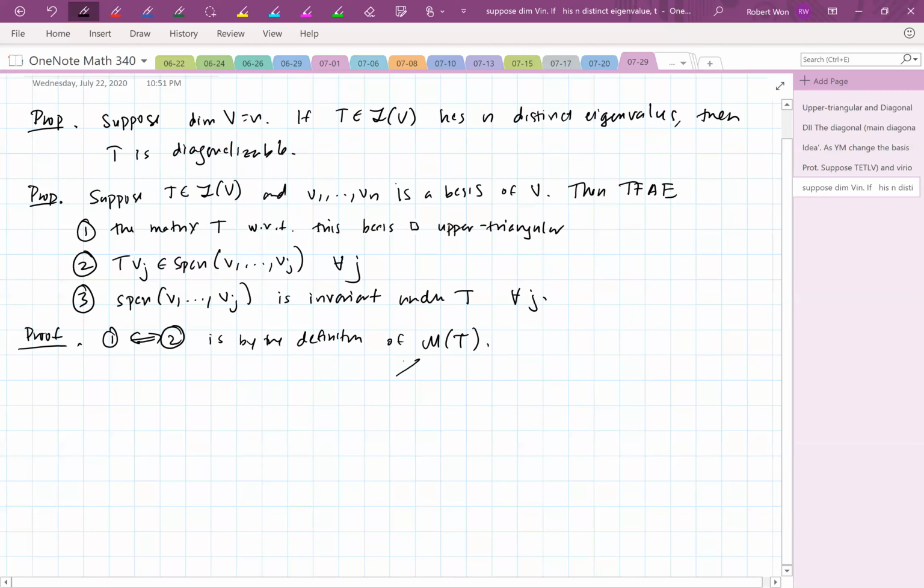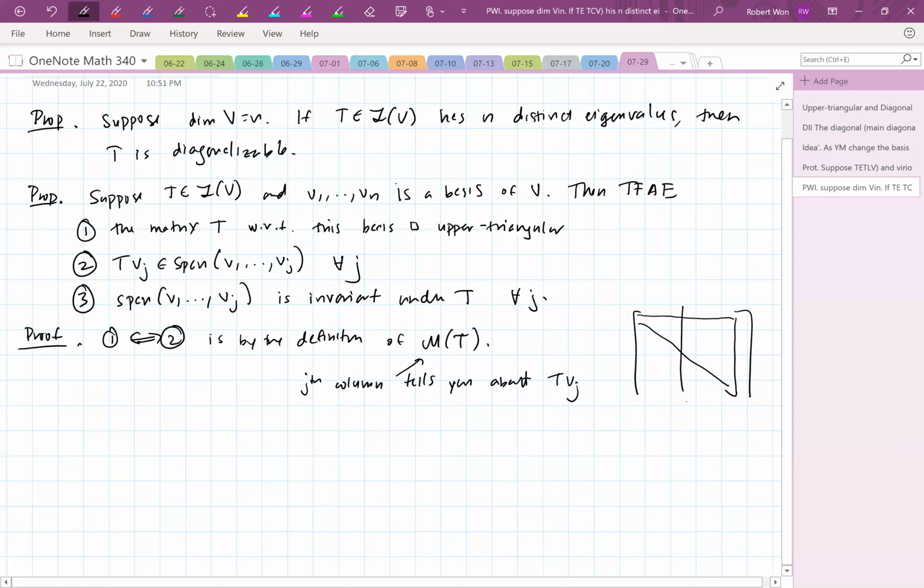So the jth column tells you about T of Vj. So if the matrix is upper triangular, that means it lives in this triangle.